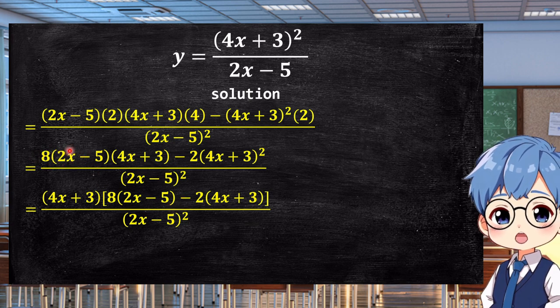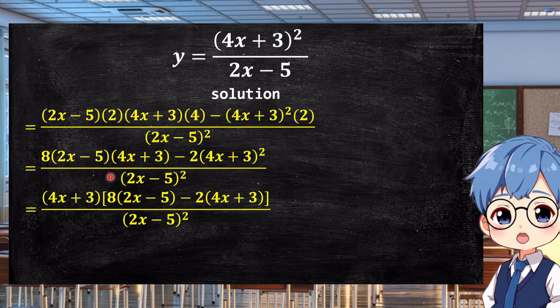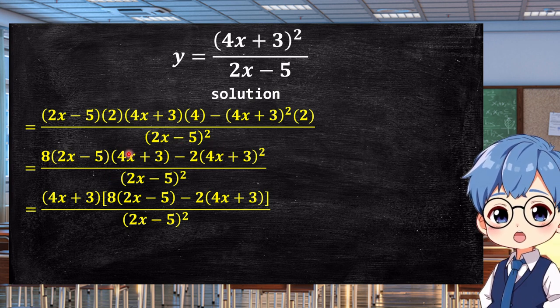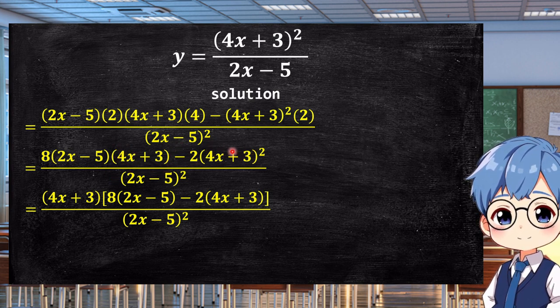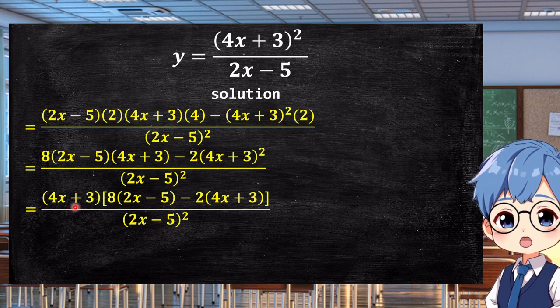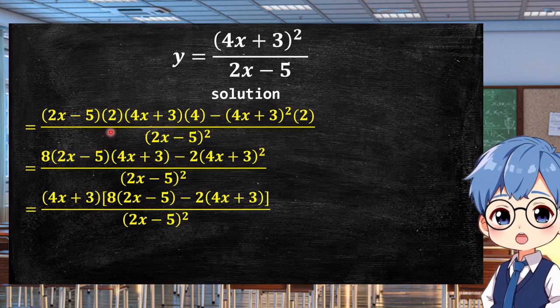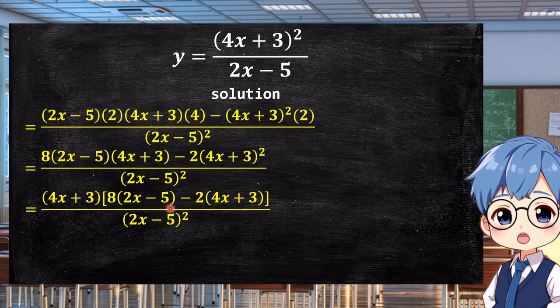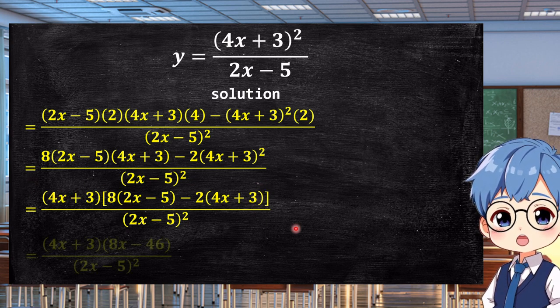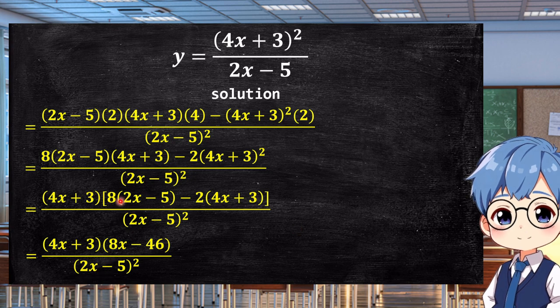Before we distribute, we can actually factor out the common factor. The common factor here is 4x plus 3. So we factor out 4x plus 3. That's why we have 8 times 2x minus 5 here, minus 2 times the quantity of 4x plus 3. And there is no more squared because we factor out 4x plus 3. So we distribute 8 to 2x and 5.